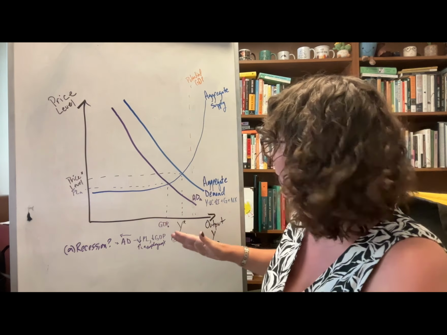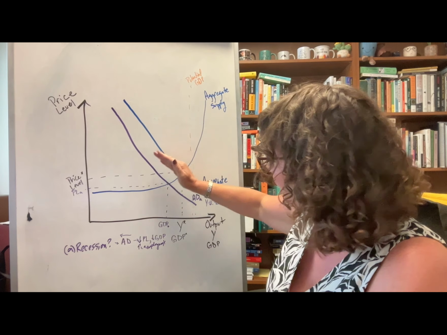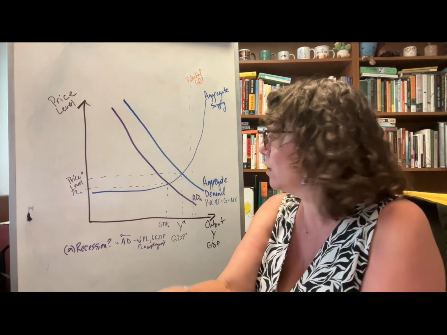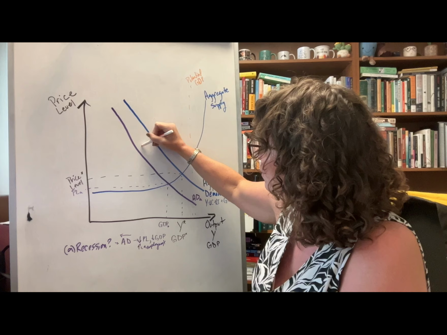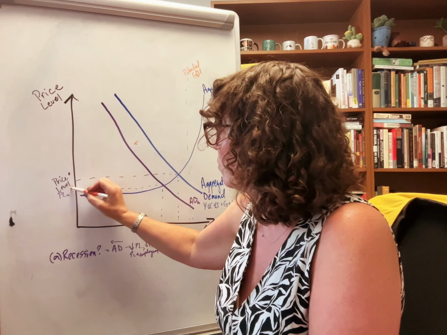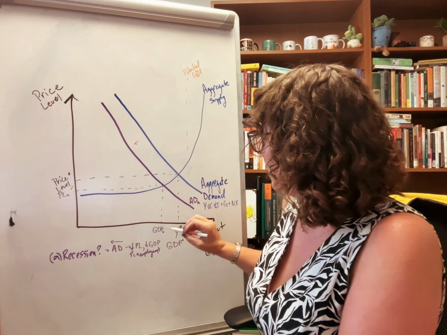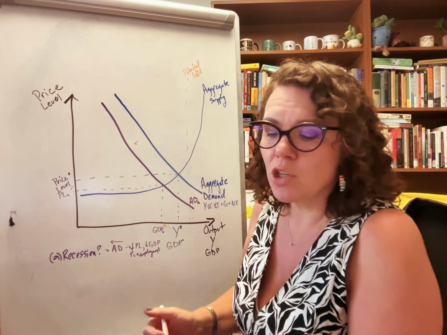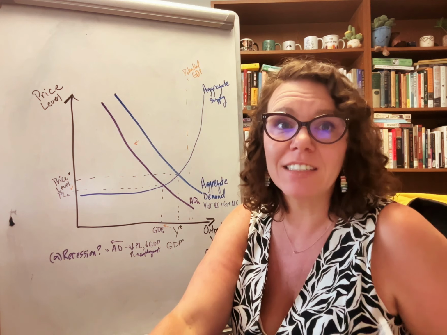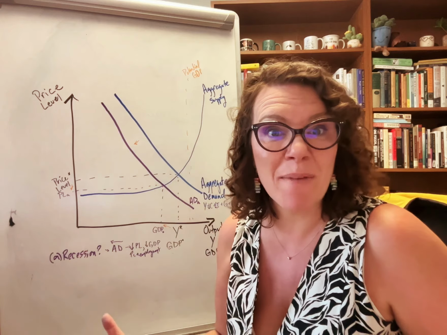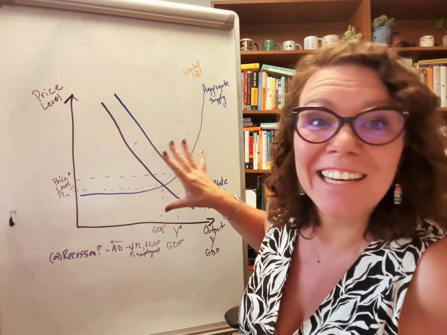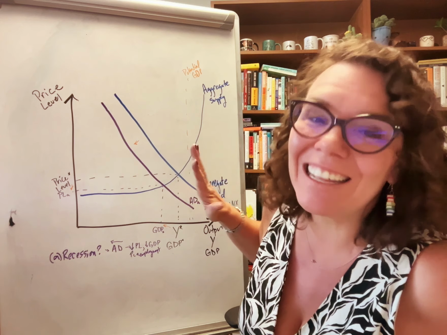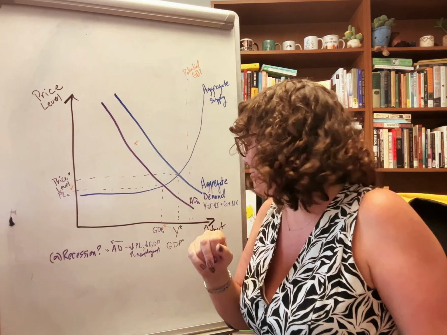So we're going to expect a recession to shift aggregate demand in to the left, reducing the price and reducing GDP while increasing unemployment. So that's what we're going to see be the effect of a recession. That's how it's going to impact the economy, and it's all contained in one graph. I'm excited. I hope you're excited too.